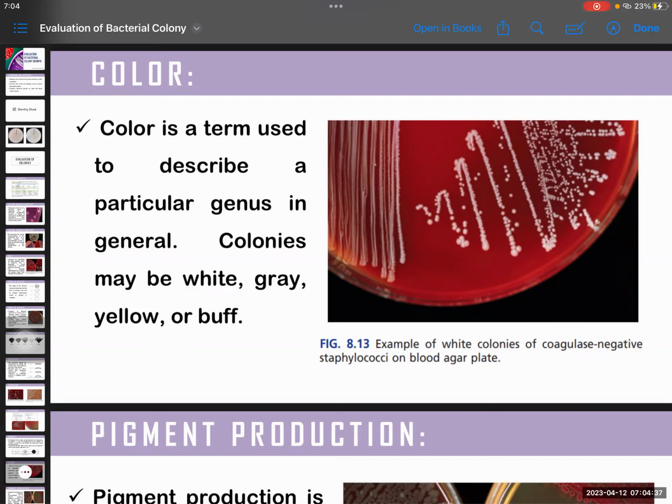May iba din grayish. So figure 8.13 illustrates a typical way as to how most colonies look like. Yun, very typical colonies. So creamy white lang siya. And very common growth of colonies.